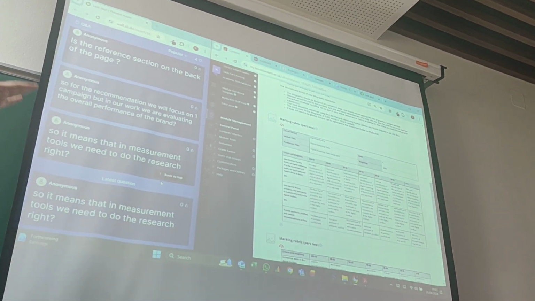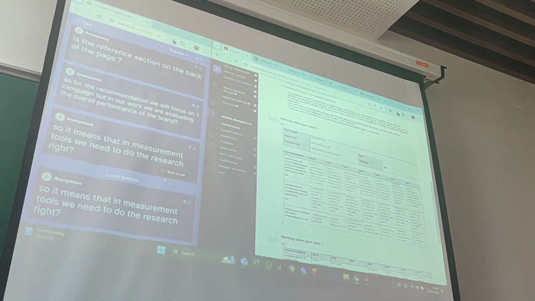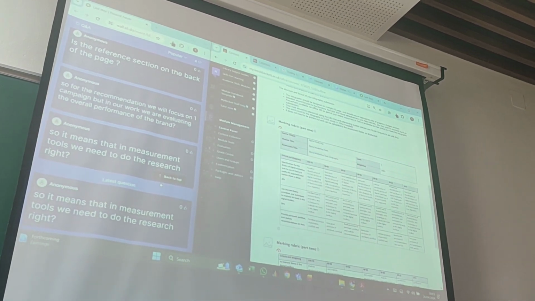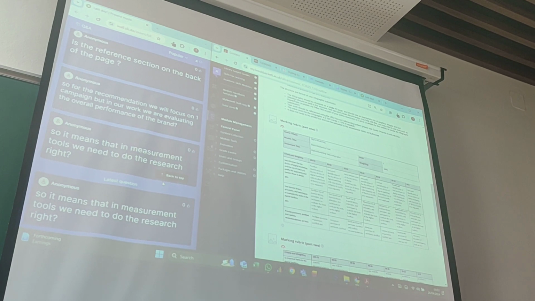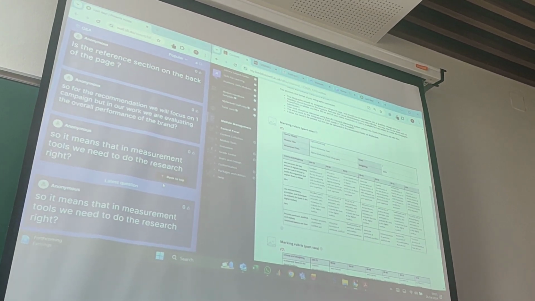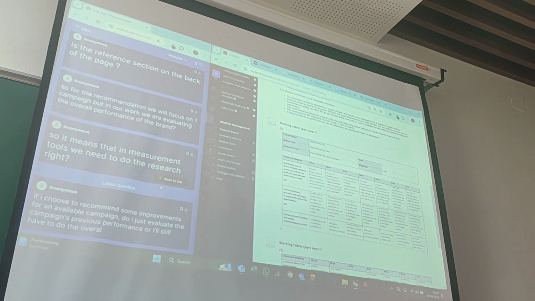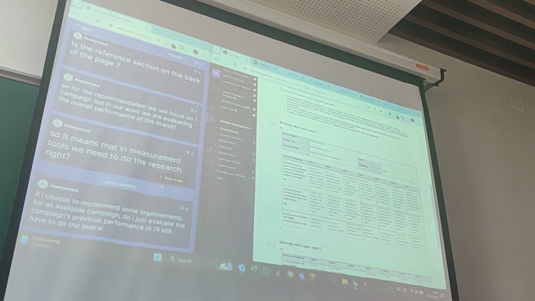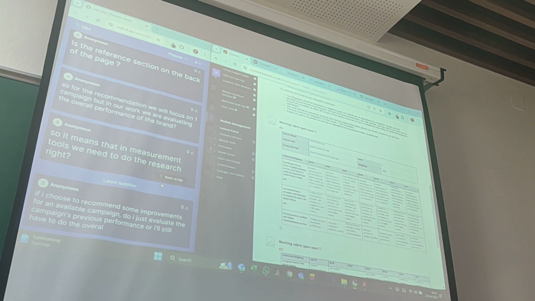So a mixture of the two when it comes to digital marketing. In digital marketing in general, that's what you're doing all the time. You're working on both your evergreen digital presence and individual campaigns. So it makes sense that in your assessment you can do both.